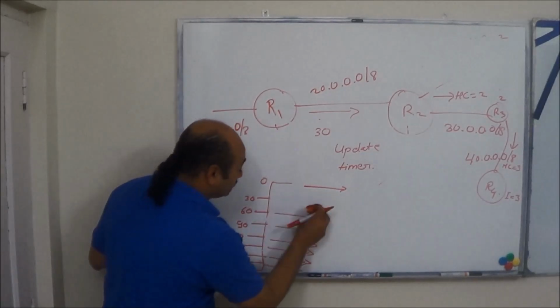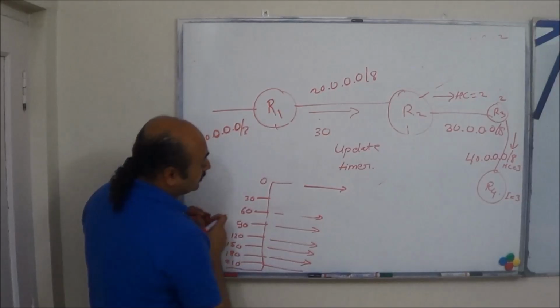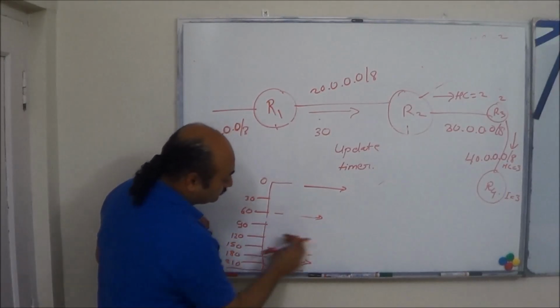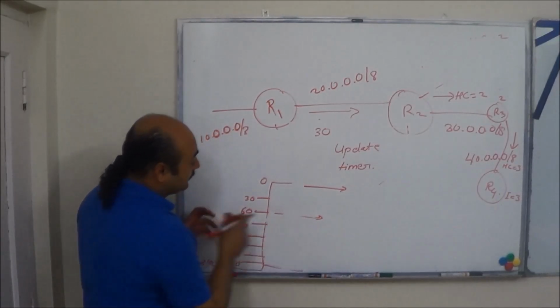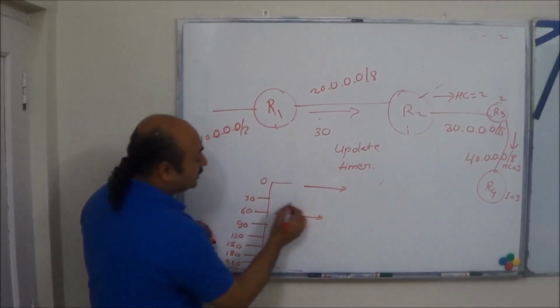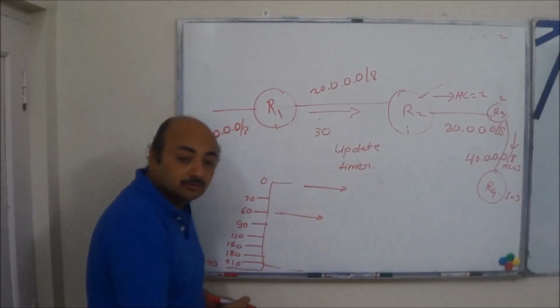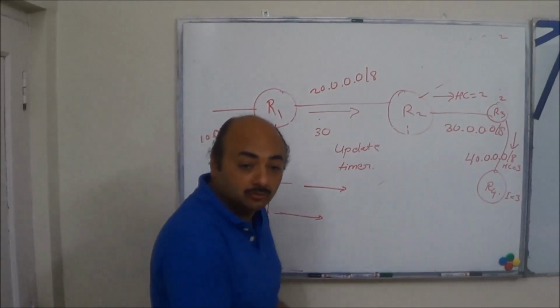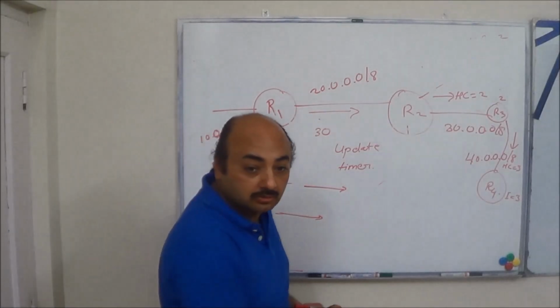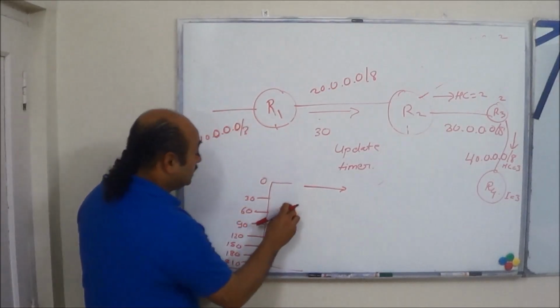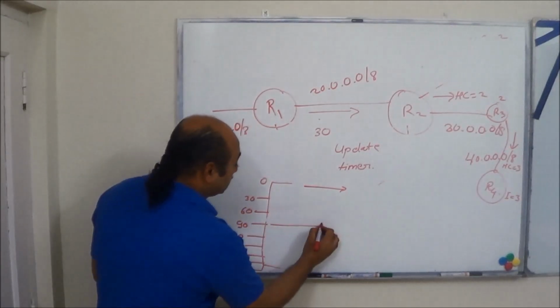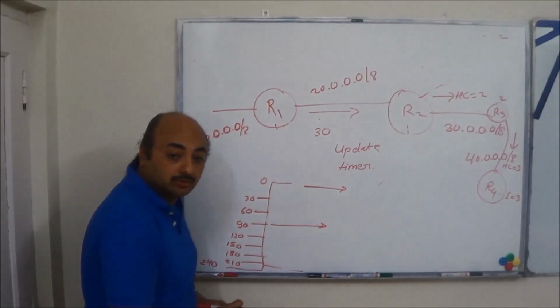But in case it did not send at 30 and sent at 60, it will again reset the counter. If it does not send at 60 but sends at 90, it will again reset the counter.